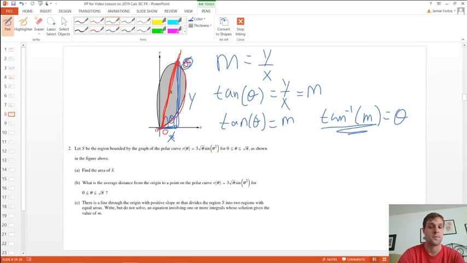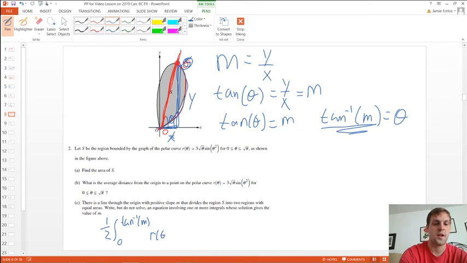That was the tricky part for me, having to really try to think about how we can get theta to be m. Now the integral is easy. I'm going to have 0 to this theta value, which is 0 to tan inverse of m. So the area of that is 1/2 the integral 0 to tan inverse of m of r of theta squared.